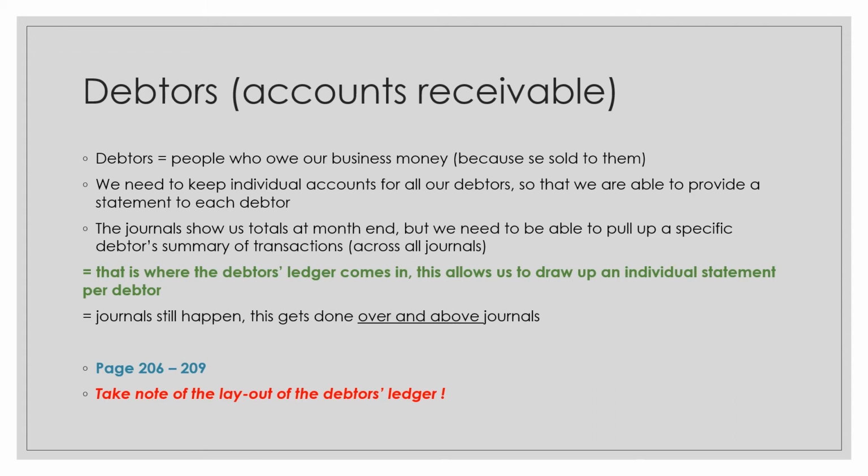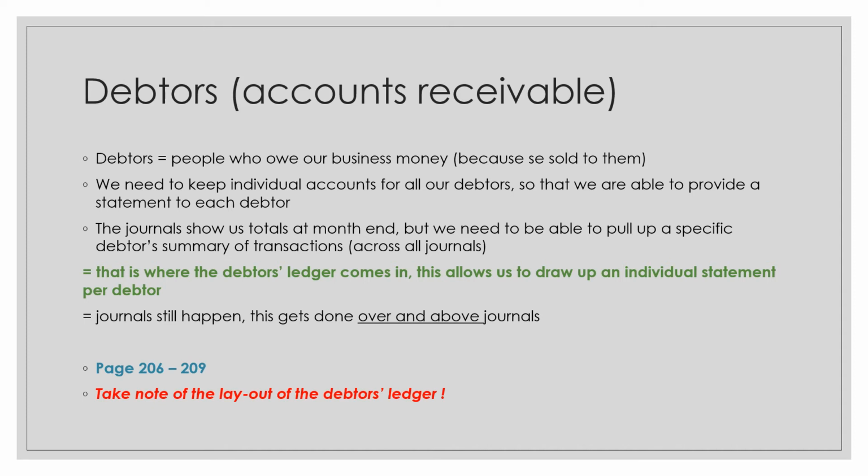So every debtor that we have will get their own debtor's ledger. We use the journals as, I want to say, a starting point for transferring information to the debtor's ledger. So the journals are very much still there.